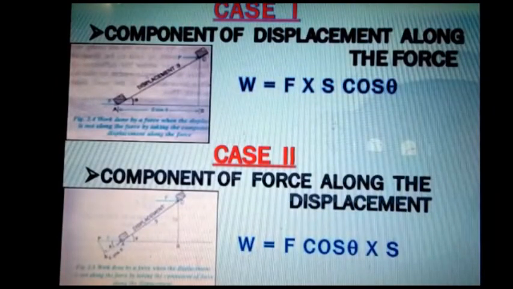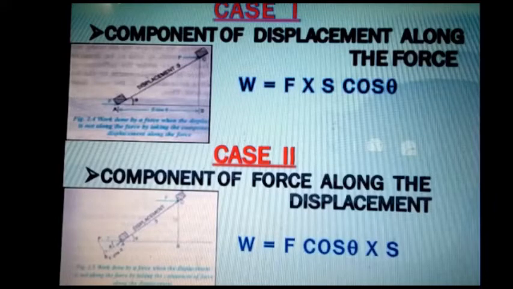But it may happen that the direction of the force and the direction of the displacement may not be same. In that case, you can see the first figure. Here, the force and the direction of the displacement are not same. The displacement is inclined to the direction of the force with an angle of theta.